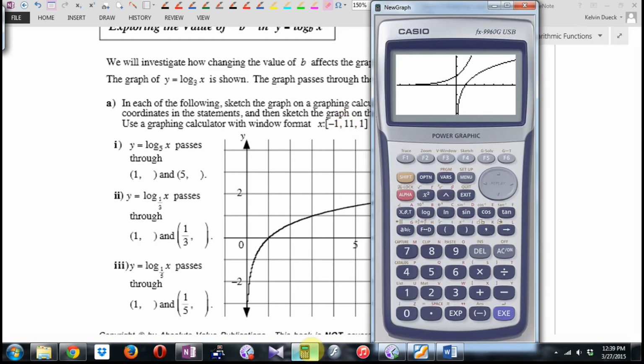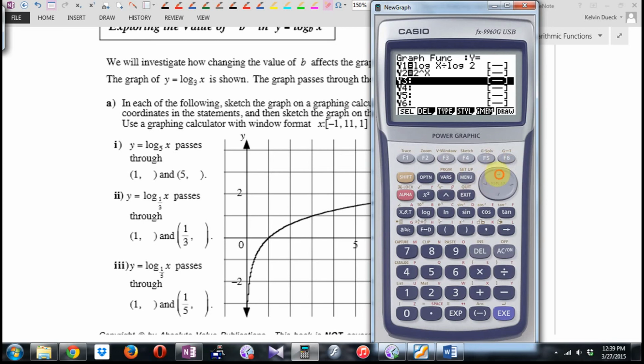Get out your graphing calculator. Again, clear any graphs you have here. Delete. Yes. Delete. Yes. Before we do anything, now they've given us a view window, so go Shift F3, but we're going to type what they want us to.